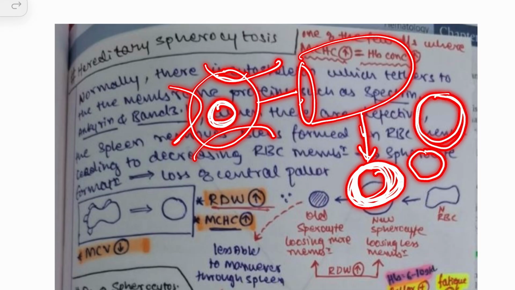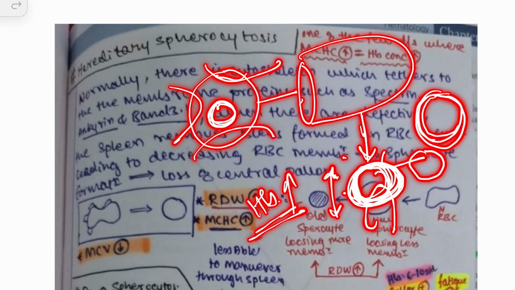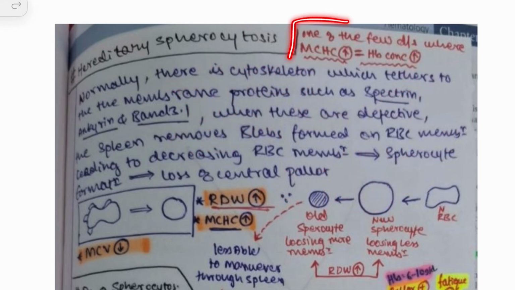As the RBC becomes smaller, the HB concentration compared to this volume remains the same or increases, because HB is not removed, just the membranes are removed. So that's why HB concentration will increase in hereditary spherocytosis.